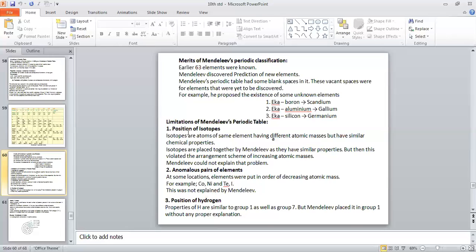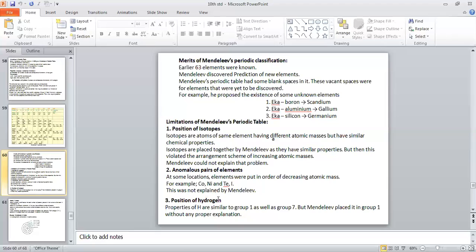That is not explained. Then anomalous pairs of elements. At some locations, elements were put in the order of decreasing atomic mass. For example, cobalt, nickel, and tellurium, iodine were not explained by Mendeleev.